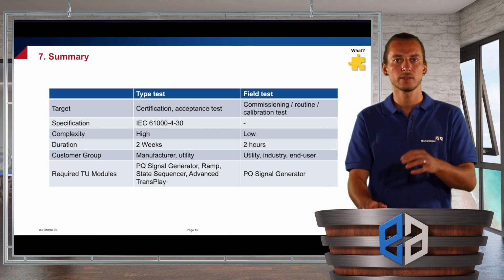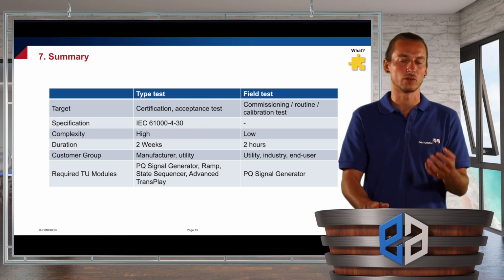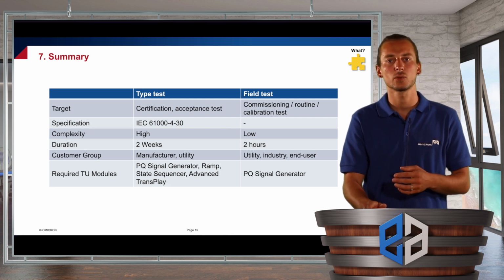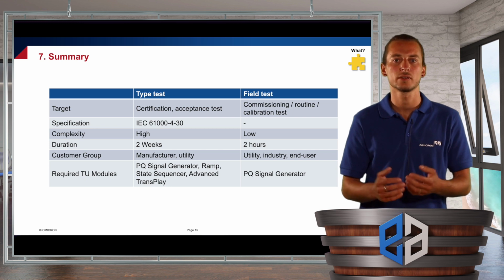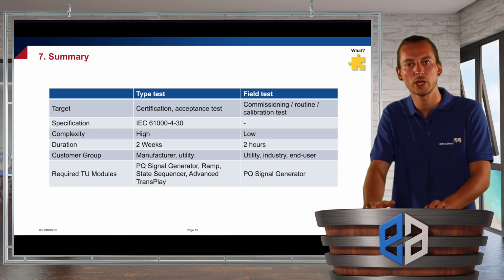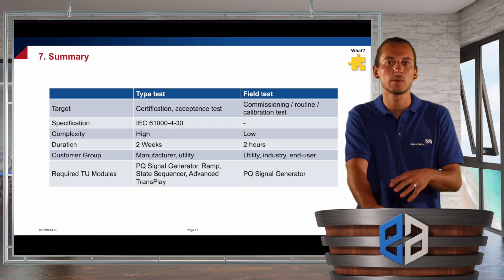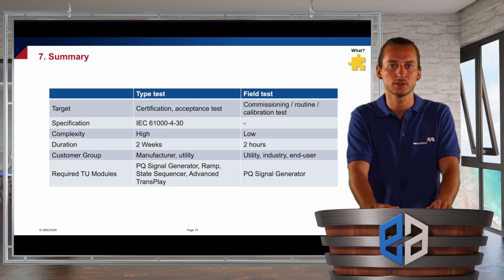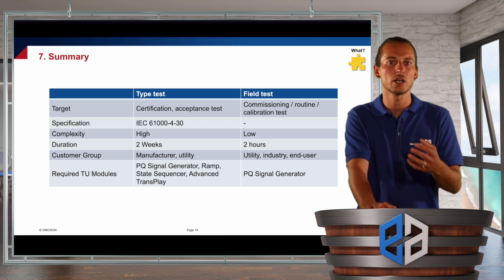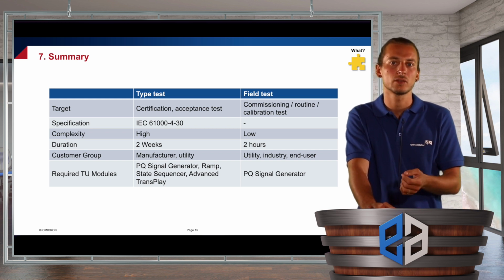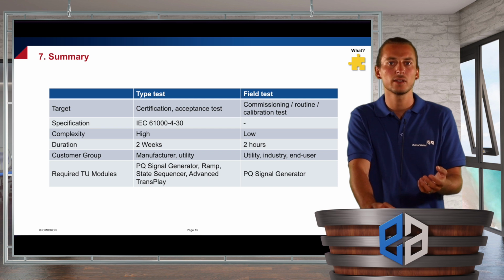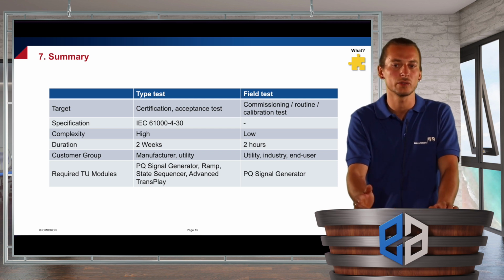And the field testing concept is more for commissioning or routine testing, as well as a calibration test. There's no standard or best practice. The complexity is very low and it takes just up to 2 hours to do the whole test. This target group, I would say, is also utilities, but more industry or end users.